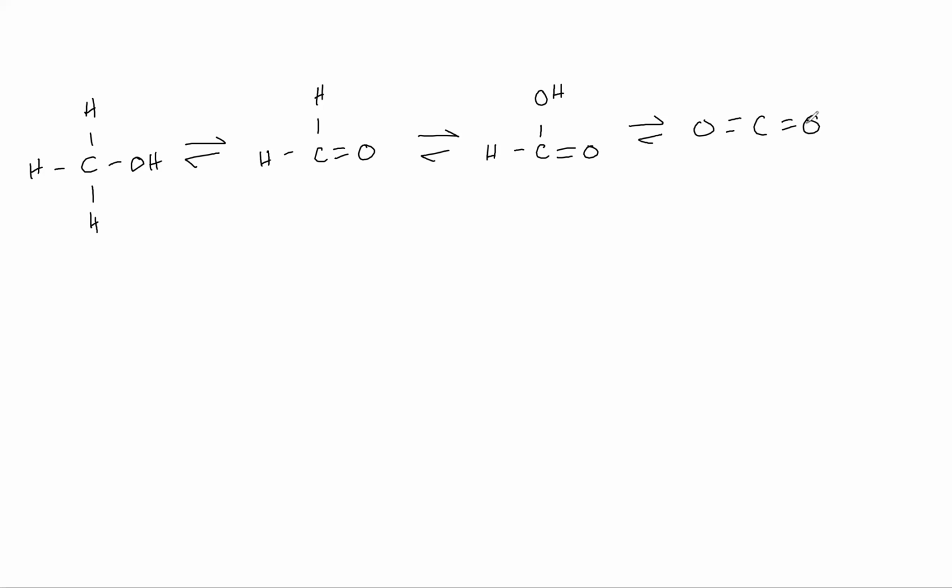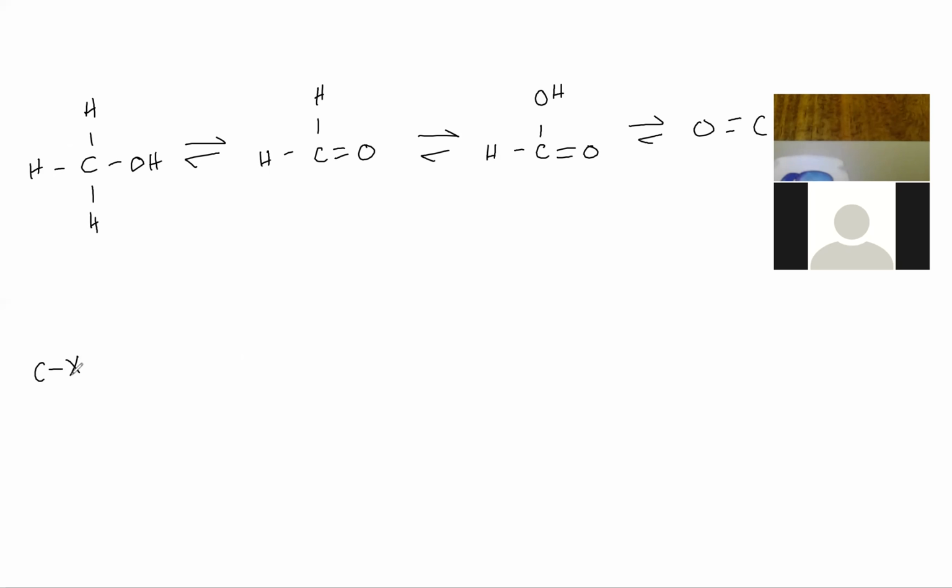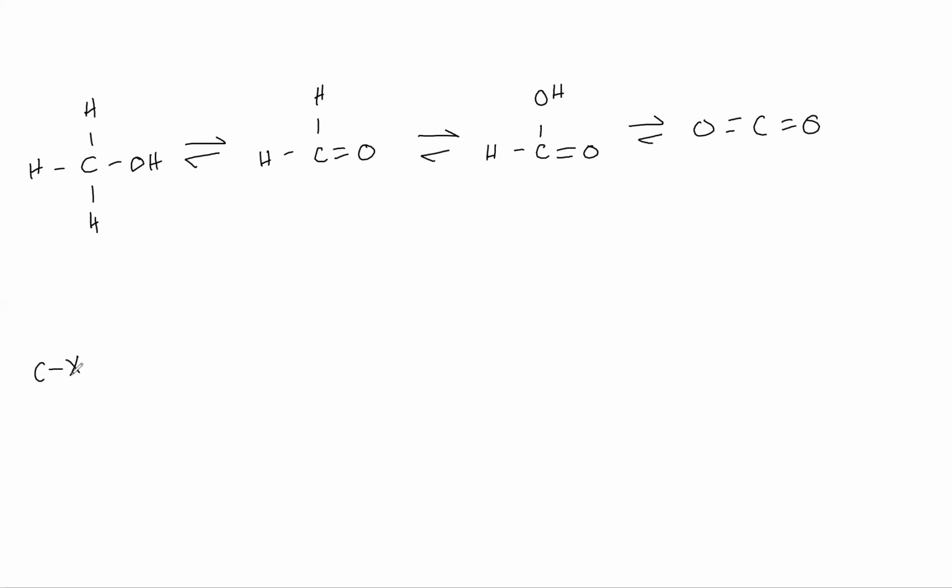So we know that CX bonds, C oxygen bonds in this case, we'll give a value of +1 because the carbon is becoming more positive because the X is pulling the negative charge away.